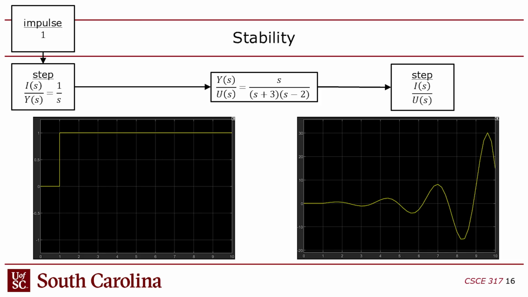The transfer function doesn't really have an input, right? It's just this ratio of two S's. You can't just plug an input into it. The way you do it is, you have to take the transfer function of the input, which for an impulse is a 1, and for a step response, it's 1 over S.